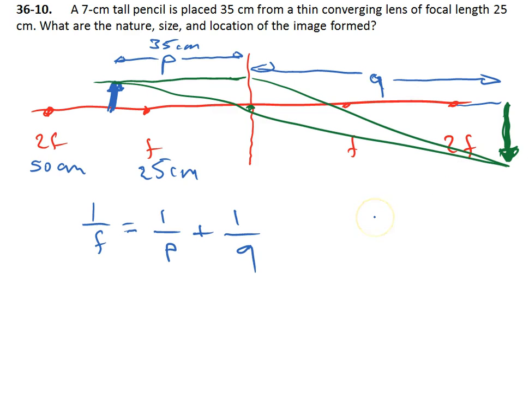So subtracting 1 over p from both sides, we have 1 over f minus 1 over p equals 1 over q.